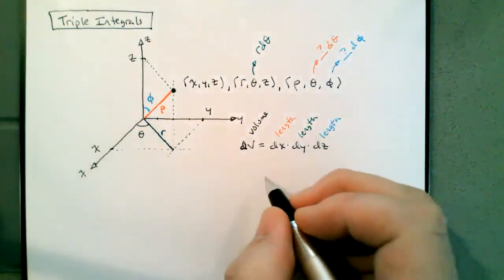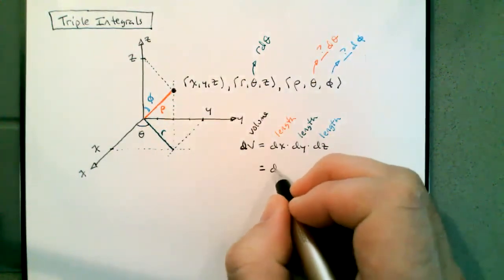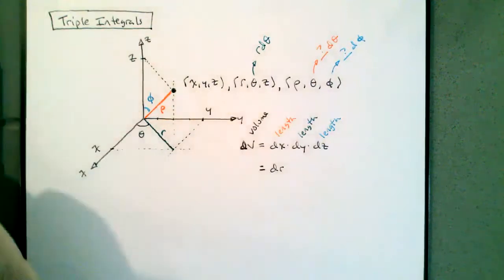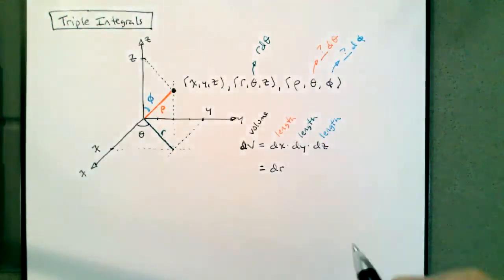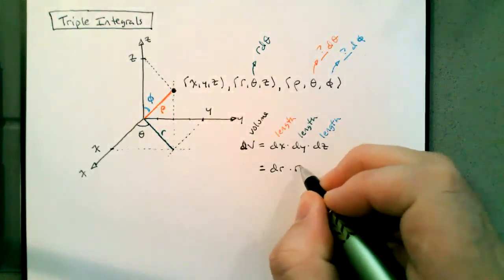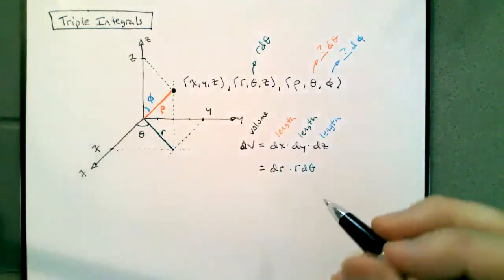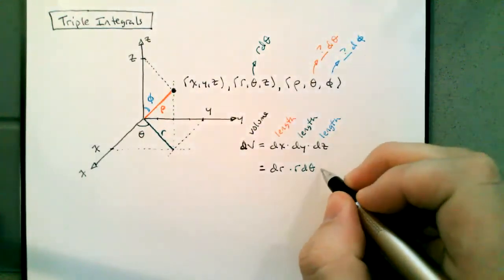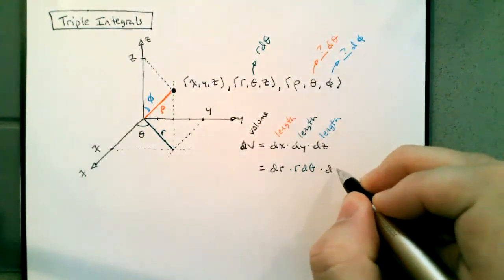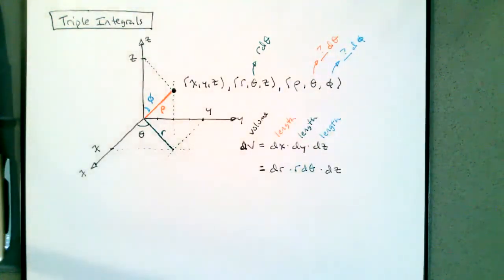And so we turn d theta into a length. dr is a length, no problem. But to turn d theta into a length, we multiply by r. That's just how far we are away from the origin in the xy plane. And in cylindrical coordinates, that's the only one that we have to change.